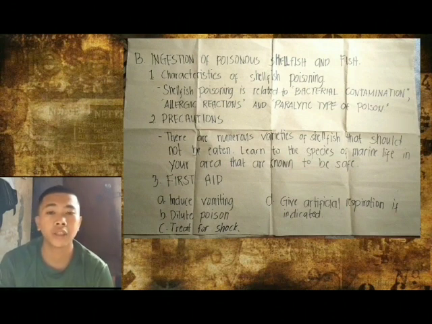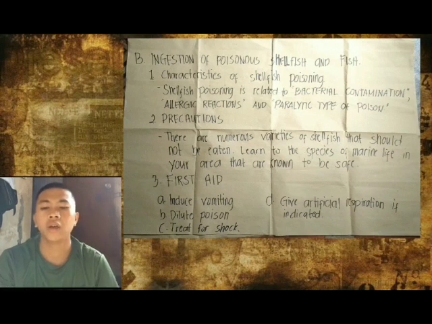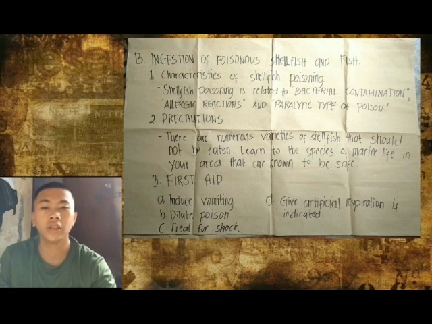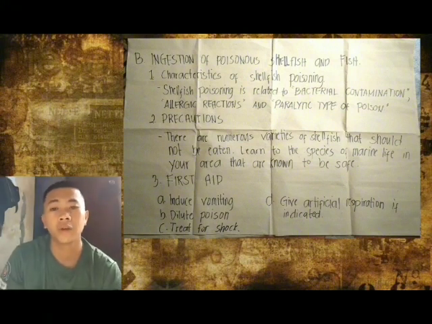Paralytic type poisoning symptoms are numbness of the face or mouth, weakness, muscular paralysis, increased salivation, intense thirst, and difficulty in swallowing.